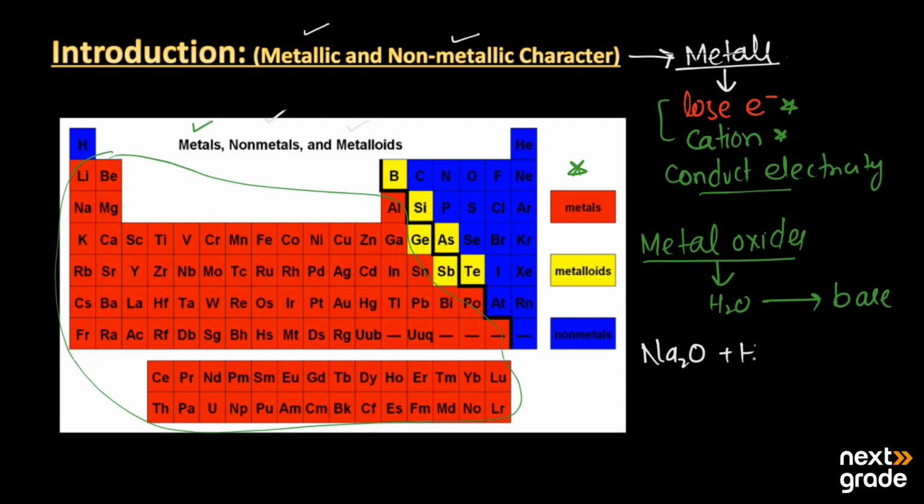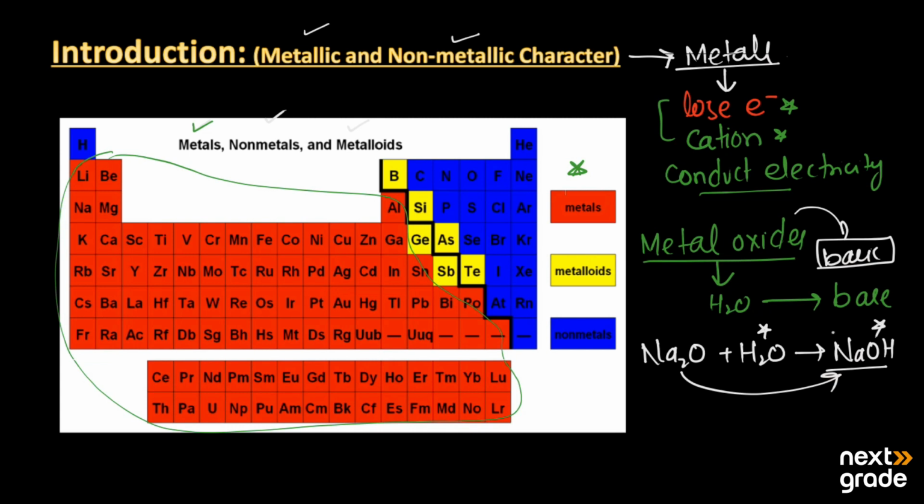When it reacts with water, it changes into a simple base, sodium hydroxide. So basically, metal oxides are basic in nature. When they react with water molecules, they produce their respective bases.